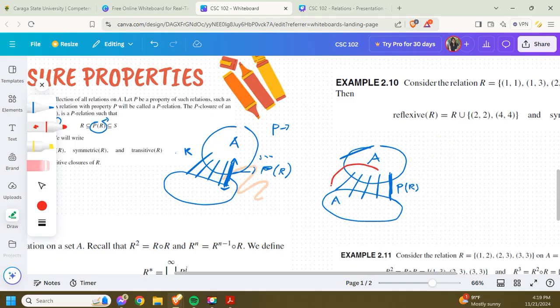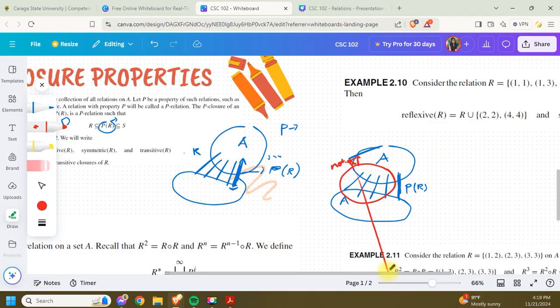So this relation here is not reflexive. Now, we want to enclose a reflexive property for this relation. To do that, we can just add any reflexive property to this set here.